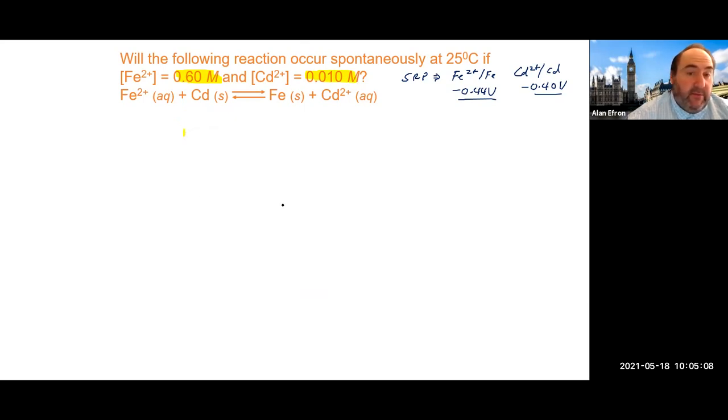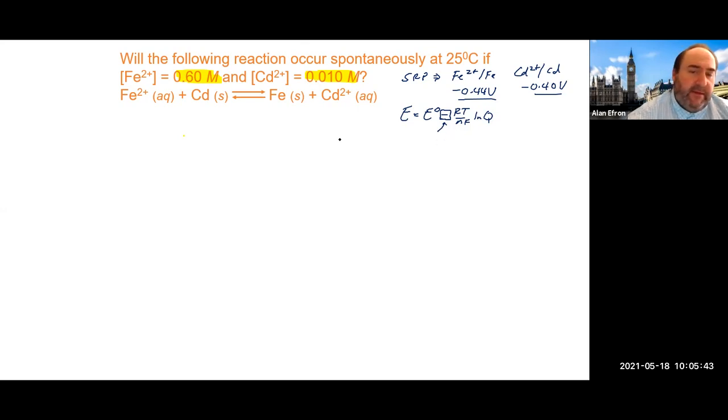So we want to use the Nernst equation that we just saw, which would be E is equal to E naught minus RT over nF times natural log Q. Also very commonly messed up by people is this part right here. Sometimes people like to add there instead of subtract, so make sure you are subtracting in this case. We need to find E of the cell, N, which is the number of moles of electrons, and also Q.